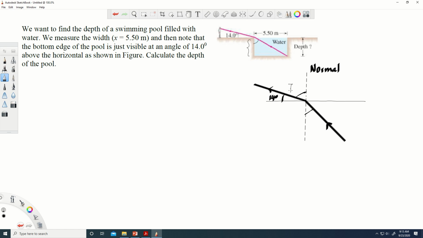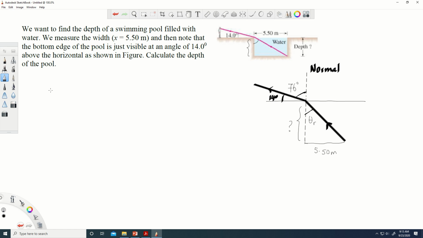So this is 76 degrees, and this is something you need to find, theta r. This is what we need to find, and this is given. So this is 5.50 meters.